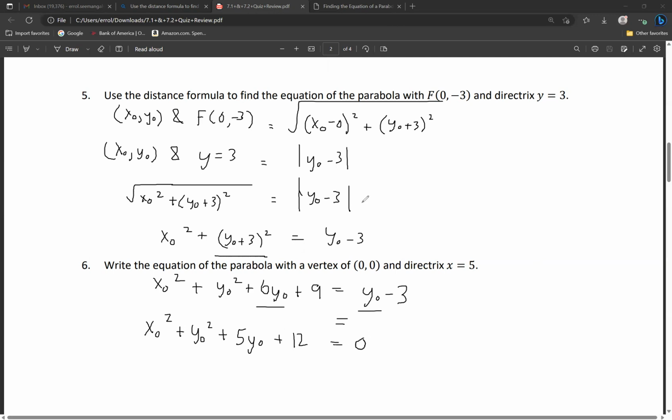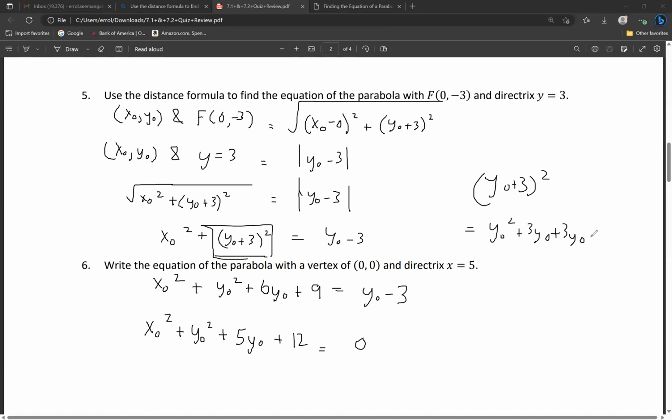Where did you get the 6 from? I'll show you. From this, when you square out y0 plus 3, you get y0 squared plus 3y0 plus 3y0.